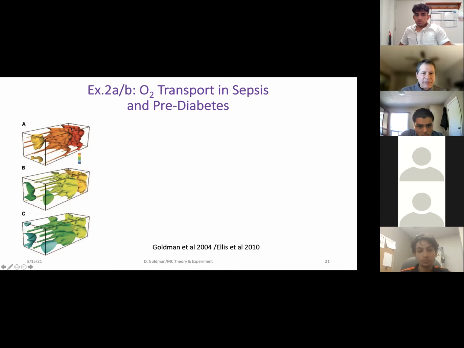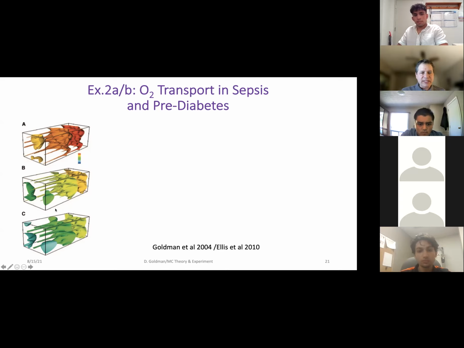Up here is the control case, where you have a lot of capillaries, healthy tissue and a normal consumption rate. Red is high O2, so you have pretty high O2 everywhere in that domain. As you go to sepsis, this is average sepsis, oxygen goes down and certain regions have lower PO2.